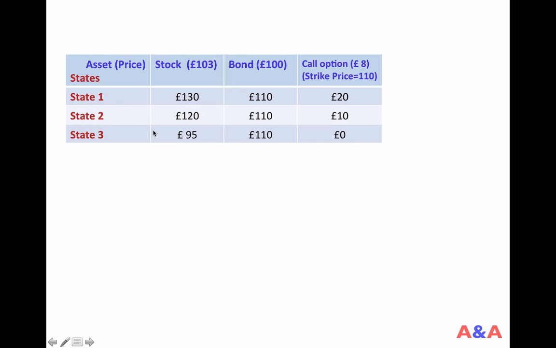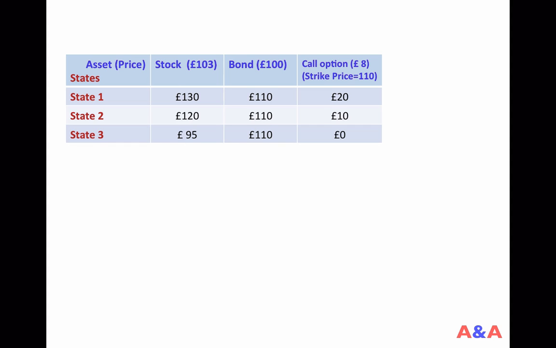Similarly, if state 2 realizes, the value of this call option is £10, because by exercising this call option, you can buy something worth £120 by paying only £110. Okay? So the difference is the value of this call option. If state 3 realizes, then this call option is worthless, because there is no point in exercising this call option when you can buy this stock for £95 in the market.